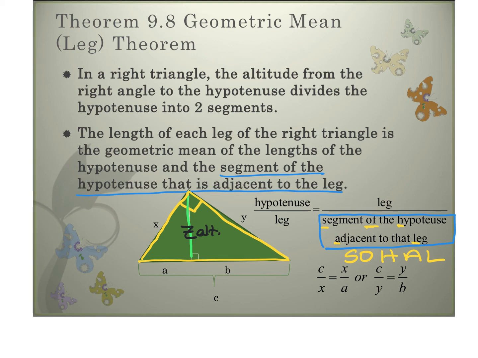The X is a leg of the original right triangle. The Y is also a leg of the original right triangle. The C is the hypotenuse of the original right triangle, so this side right here.